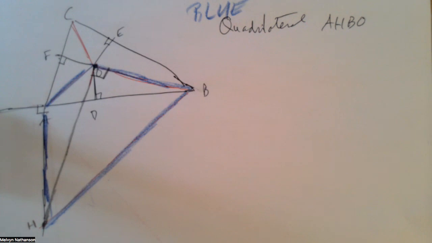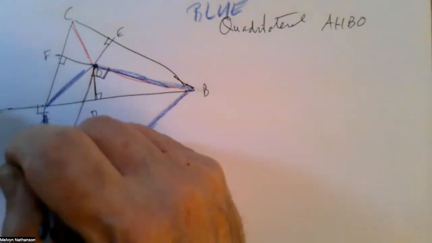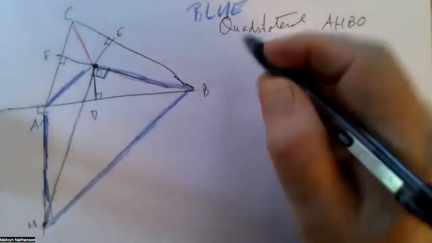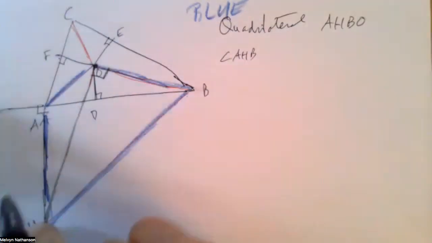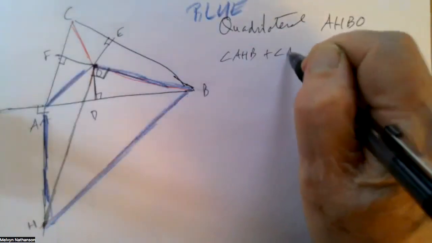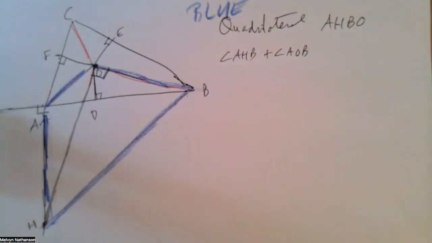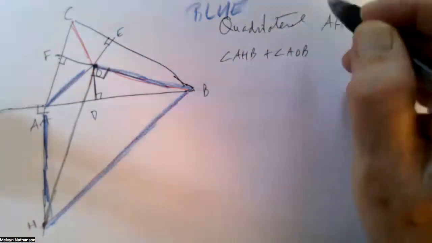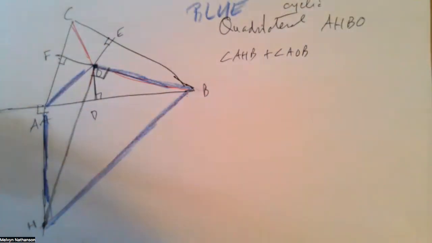So what are the opposite angles of this quadrilateral? So if we look at angle, this is AHB, and angle AOB, this is a cyclic quadrilateral.